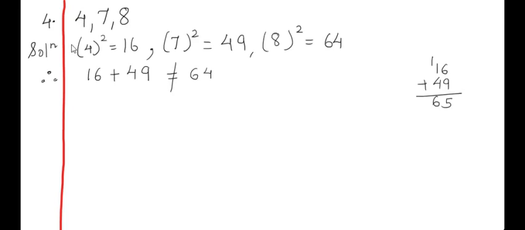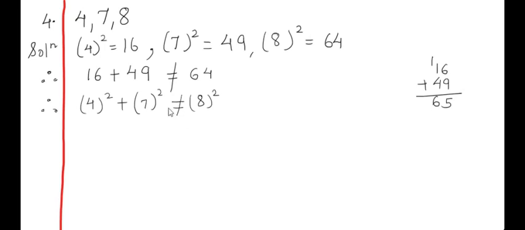Yes or no? So we are going to write therefore 4 square plus 49. 49 means what? 7 square. Yeah. So 7 square is not equal to 64 is 8 square. Yeah. Is not equal to 8 square.